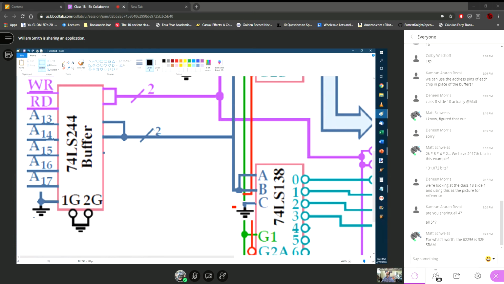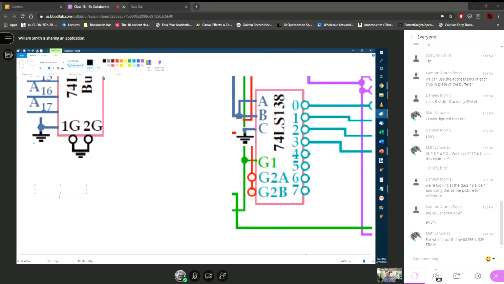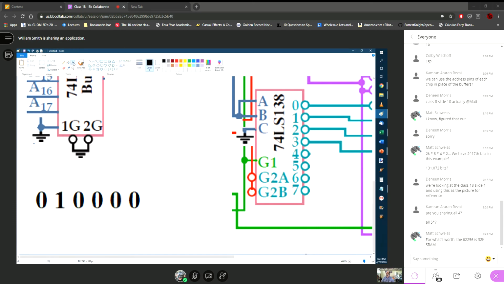So let's do this. Here we go. Go down here. All right, so I've got 0, 1, 0, 0, 0, and 0. Okay, and by the time I get there, do one more, and this can be a smaller font, please. What size do I want this font to be?